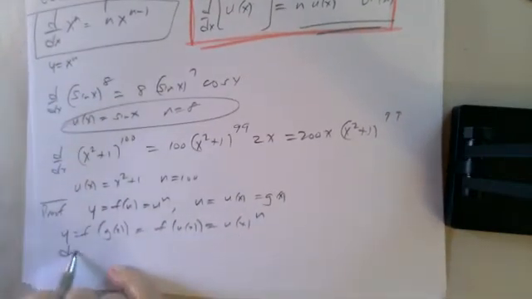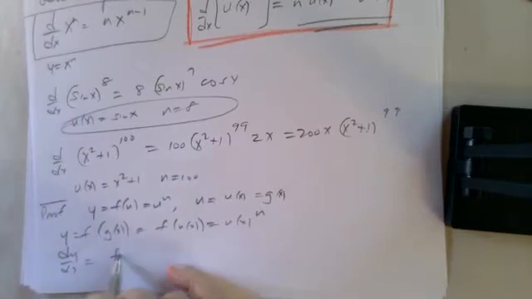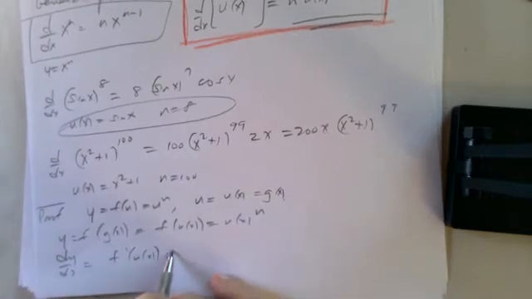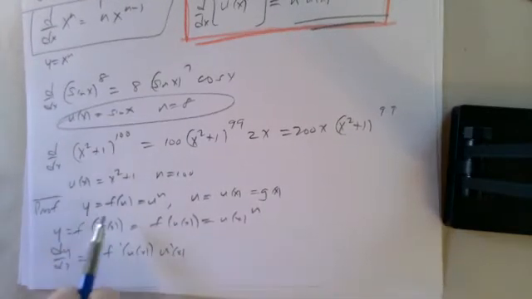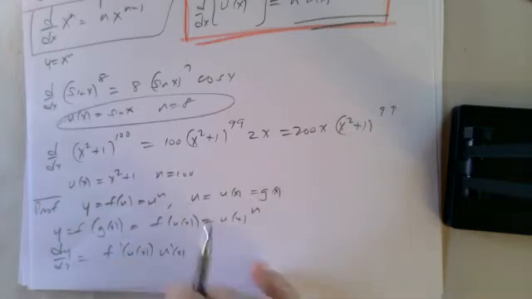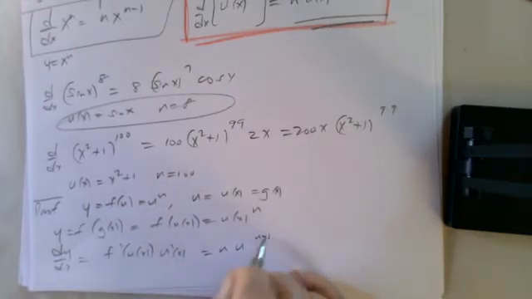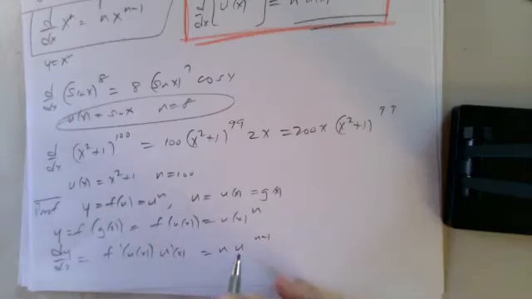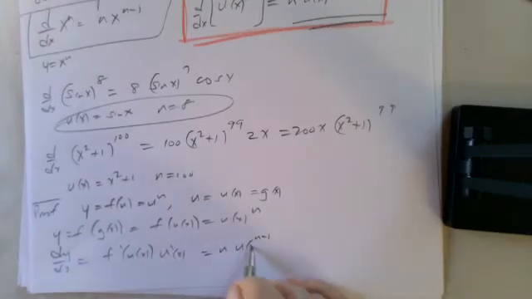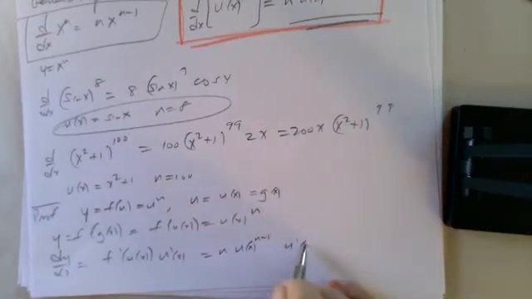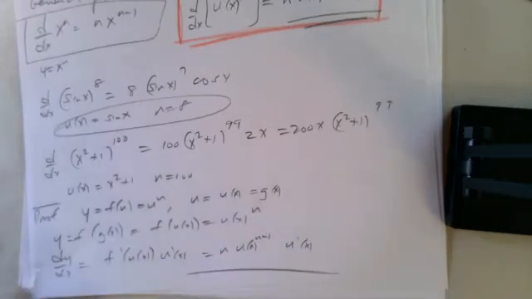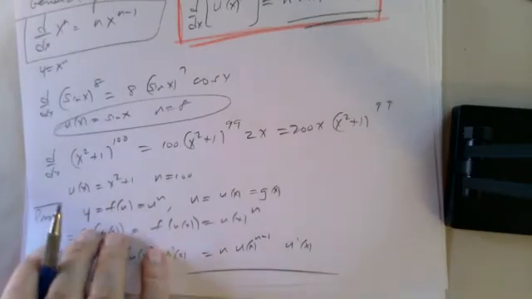And dy/dx is f prime of u of x times u prime of x. If f of u is u to the n, f prime is n u to the n minus 1, and this is u of x, times u prime of x. That's the proof of the power rule as a consequence of the general chain rule.